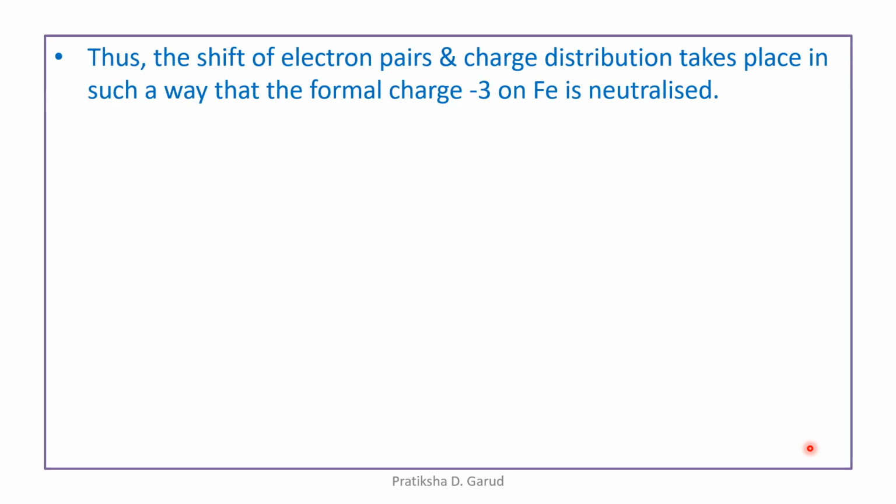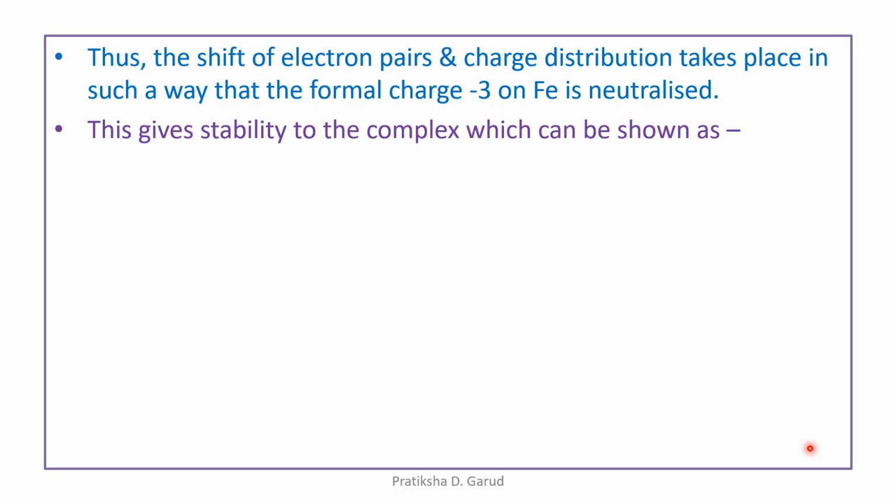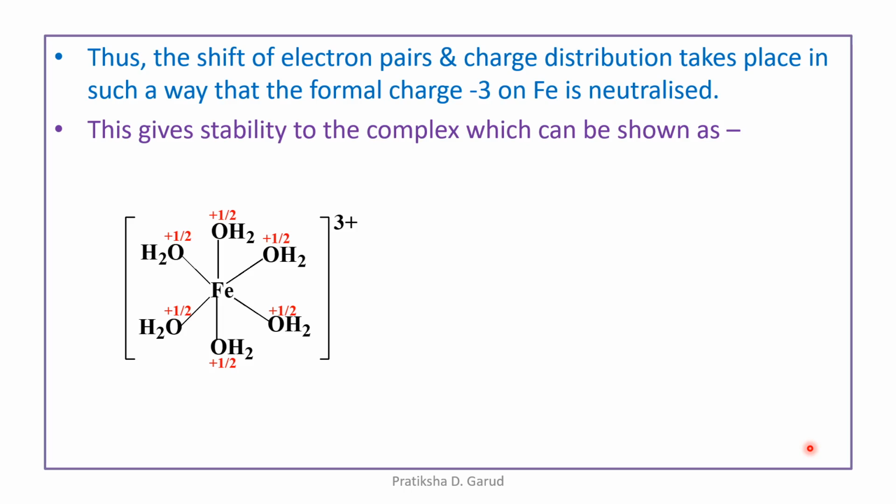Thus the shift of electron pairs and the charge distribution takes place in such a way that the formal charge, that is -3 on the Fe atom, is neutralized, and this gives stability to the complex, which can be shown as follows. We have this complex in which Fe is at the center, surrounded by the 6 water molecules in which Fe is attached to oxygen, and each oxygen has +½ formal charge, right?